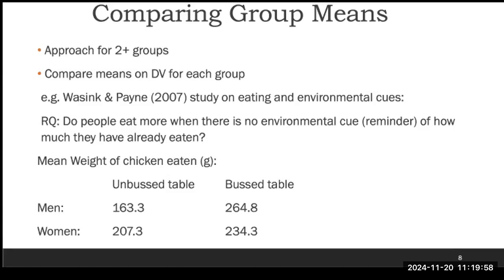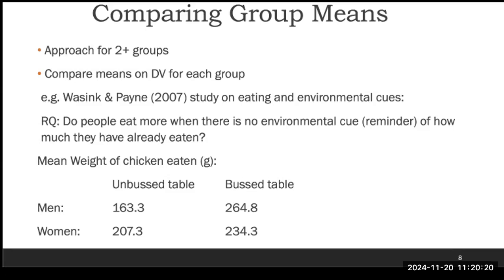So for an unbussed table, in other words, the wings were piling up on the table, men ate an average of 163.3 grams of chicken wings, and women ate an average of 207.3 grams of chicken wings. Okay, so that is if they saw the wing bones piling up.